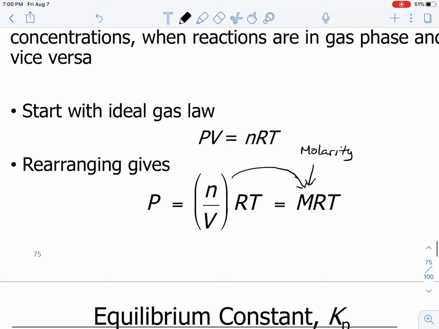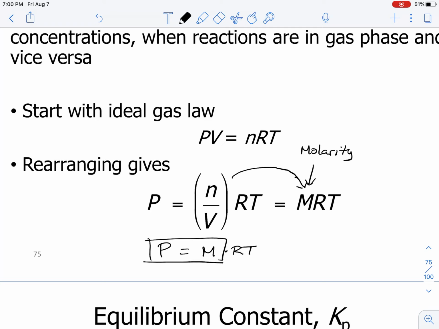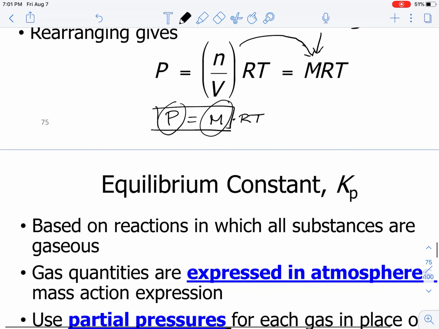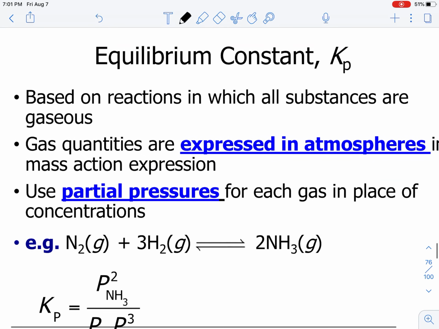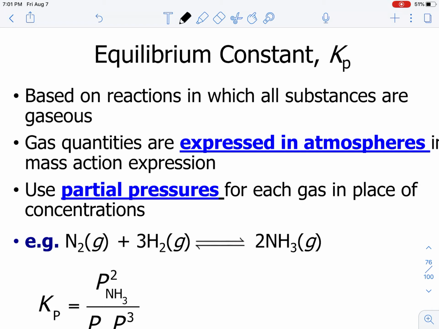And so it looks like the pressure is proportional to the concentration, and R and T we're going to treat as constants. So the main idea here is that the pressure of a gas is proportional to its concentration. And that's going to lead us to express the equilibrium constant a little bit differently when we use partial pressure in place of concentration unit.